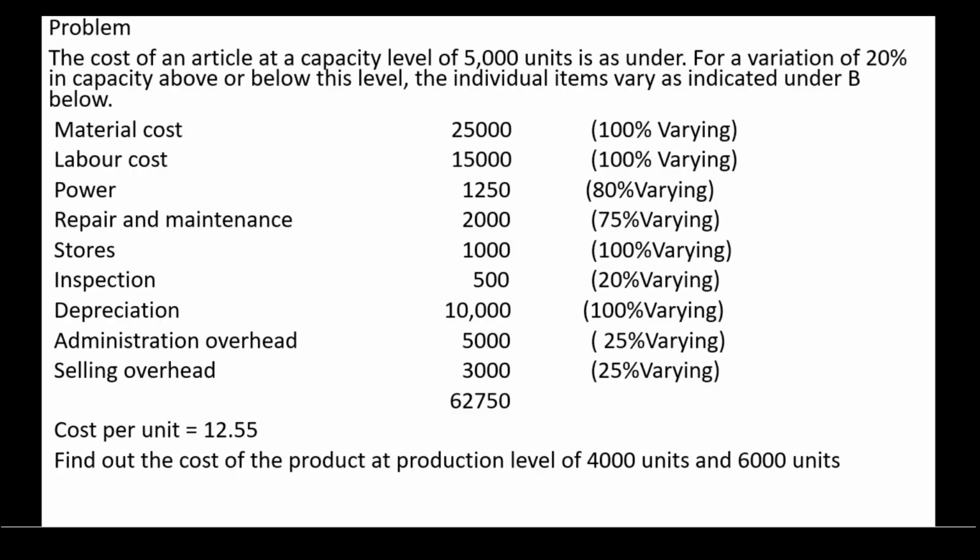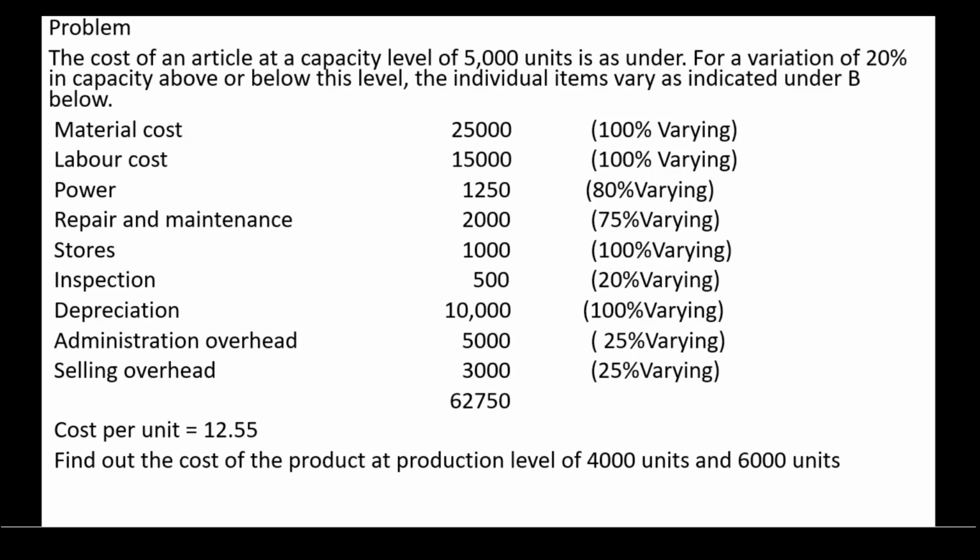So this is the problem. In this problem, the cost of an article at a capacity level of 5,000 units is as under. Here they are producing 5,000 units of the article, and for this production the costs are incurred as follows.